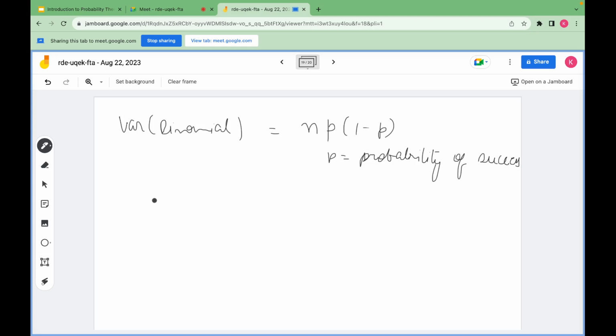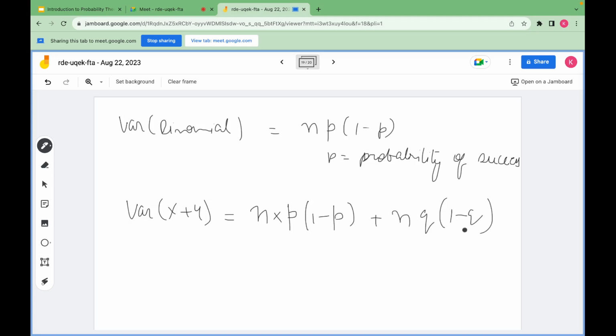So the variance of x plus y can be written as n p into 1 minus p plus n q into 1 minus q.